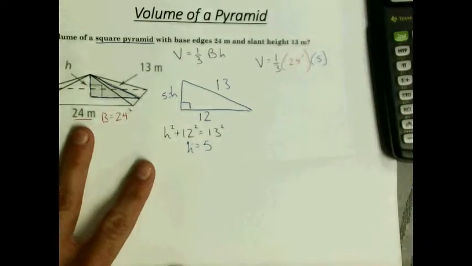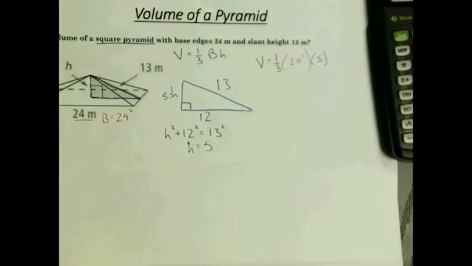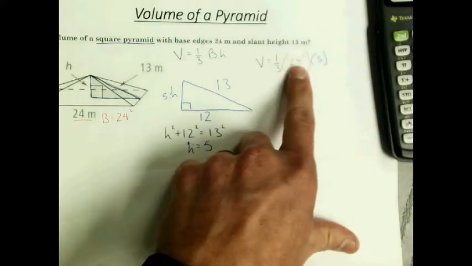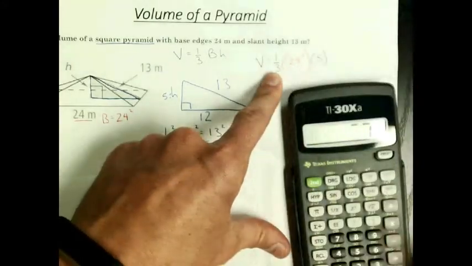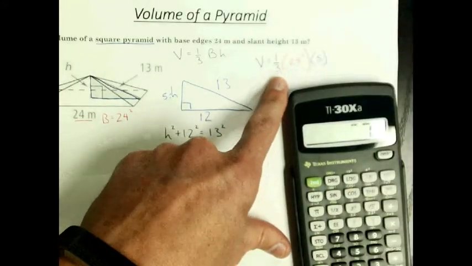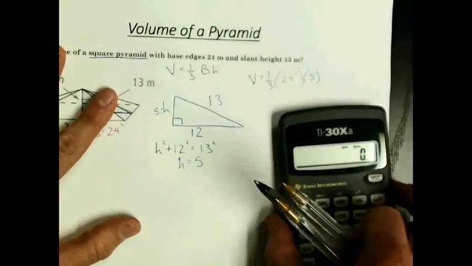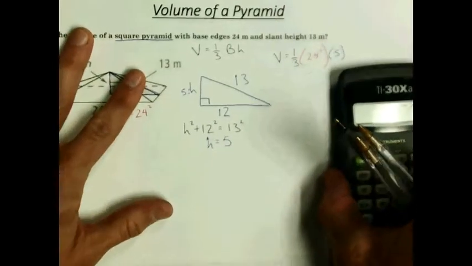So we have everything we need set up here. We don't need to worry about rounding because 24 is divisible by 3, and that's just useful information.